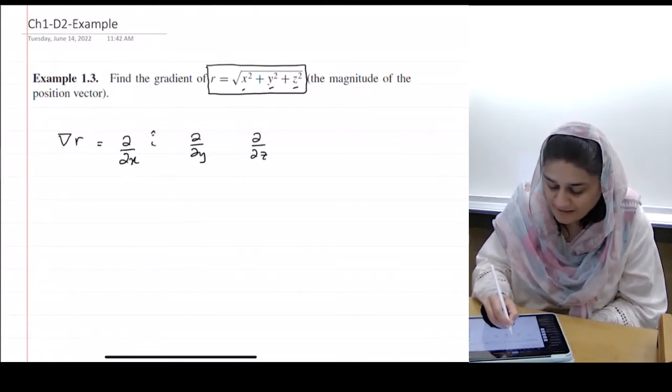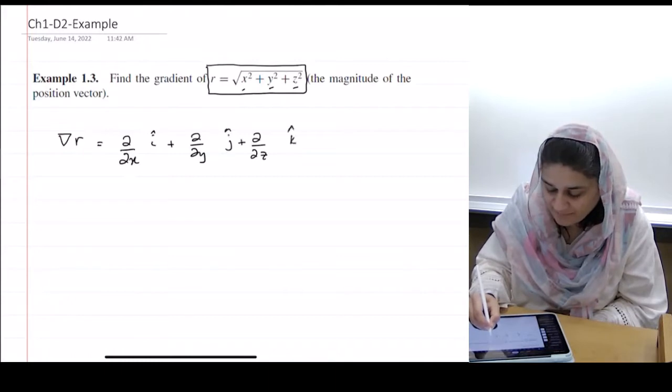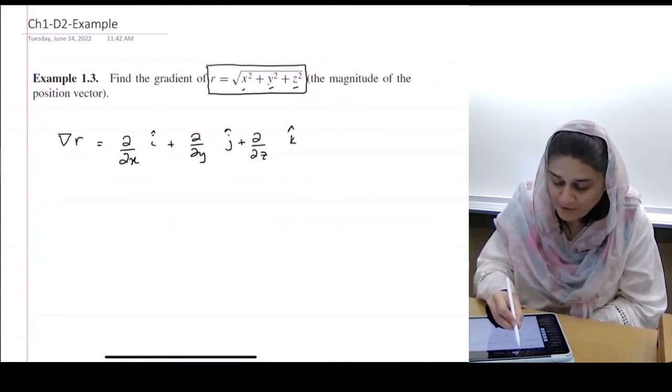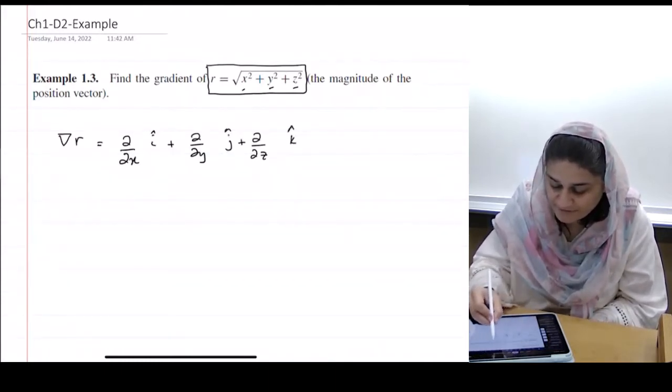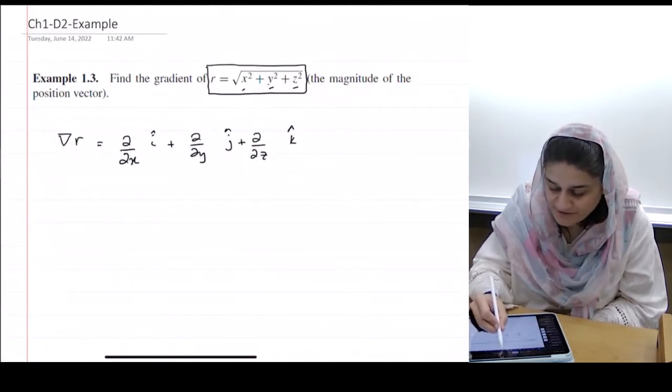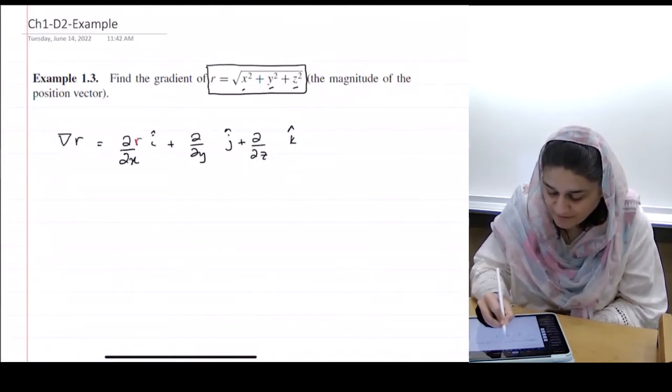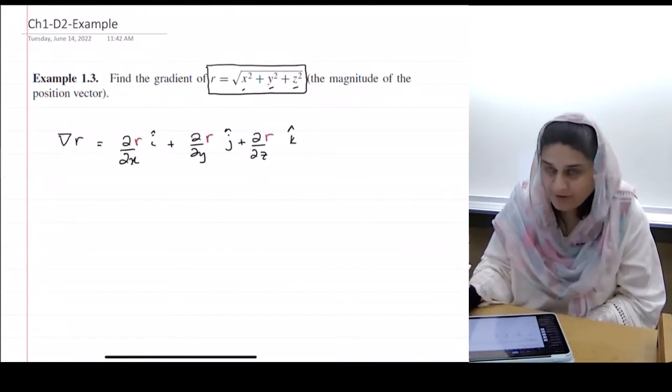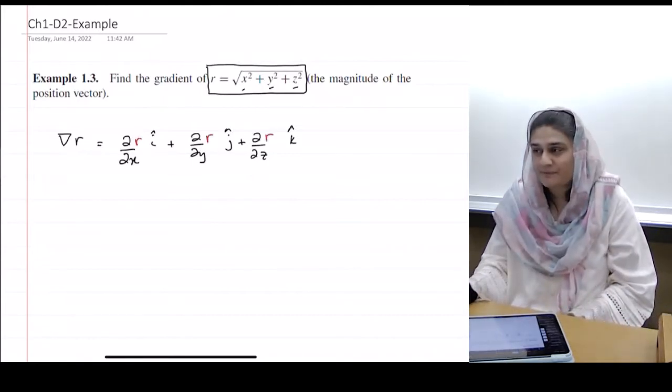And i, j, and k. And I have to add r to it. So that will make this r, r, r. You see the progression?